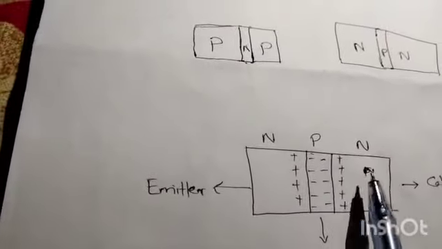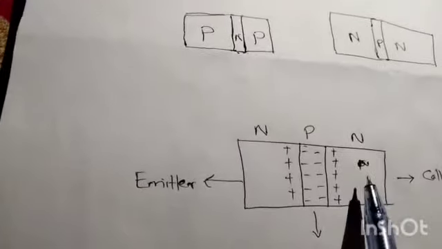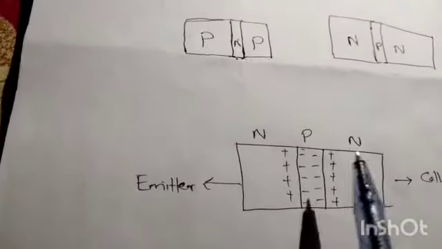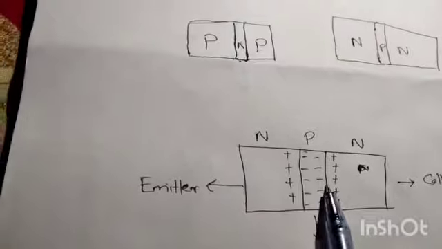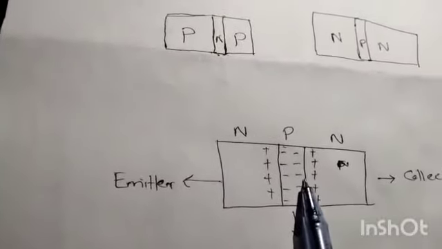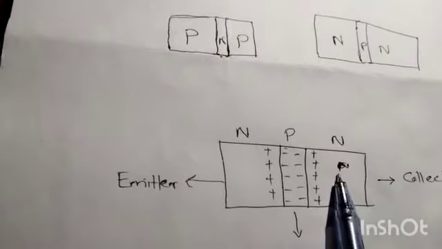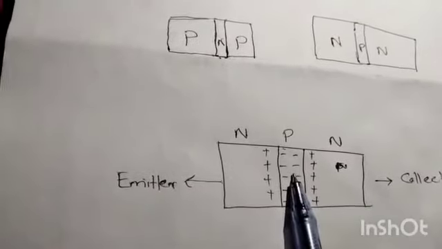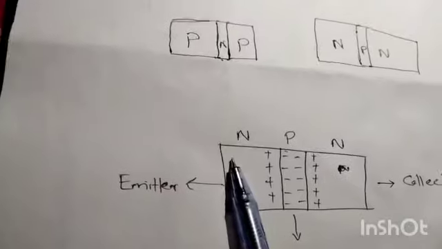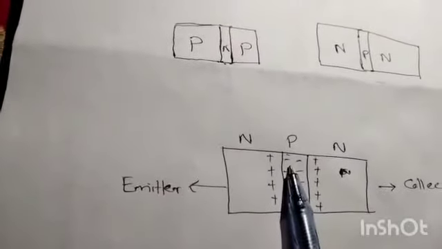You know that inside N-type material electrons are the majority charge carriers, and inside P-type material there is a deficiency of electrons, meaning holes are the majority charge carriers. Now from one N side electrons diffuse towards the P side, and from the other N side electrons also diffuse towards the P side.